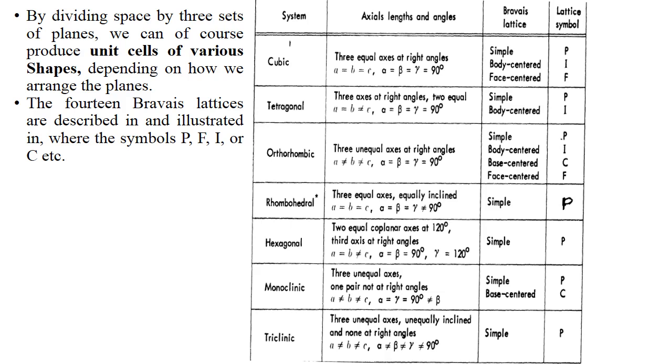The orthorhombic crystal system has 4 Bravais lattices, which are simple, body-centered, base-centered, and face-centered. P is for simple, I for body-centered, C for base-centered, and F for face-centered.